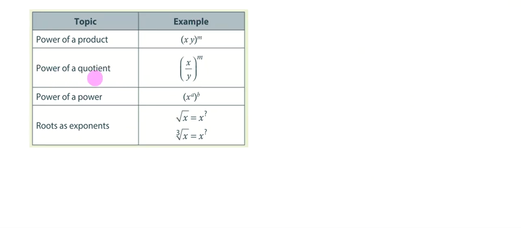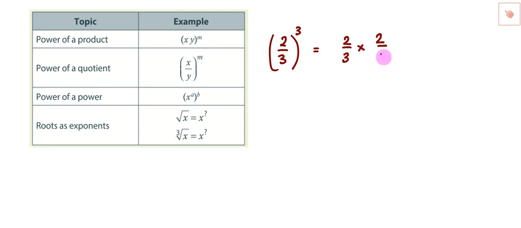The next one to look at is the power of a quotient. So if we look at this, let's take a fraction like 2 thirds, so x and y, 2 and 3, and then let's raise that to the power of, let's do 3 again. Okay, so what does that mean? Well, that would be 2 thirds multiplied by 2 thirds multiplied by 2 thirds.